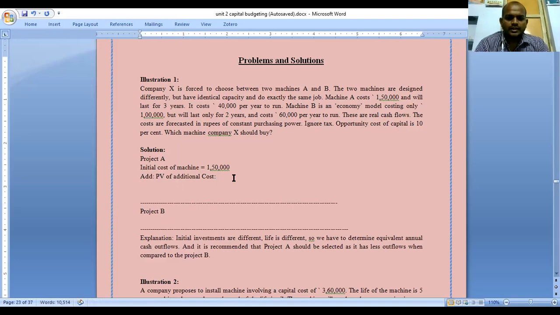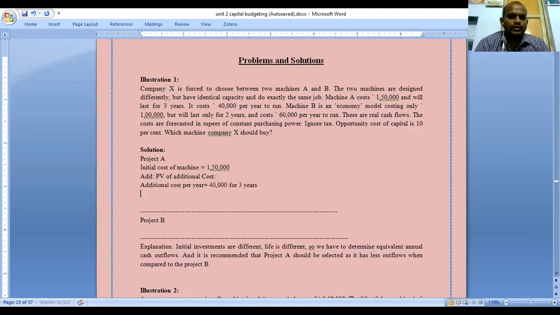So additional cost per year is 40,000 for 3 years. Present value of annuity factor for 3 years at the rate of 10%. 10% is the cost of capital.